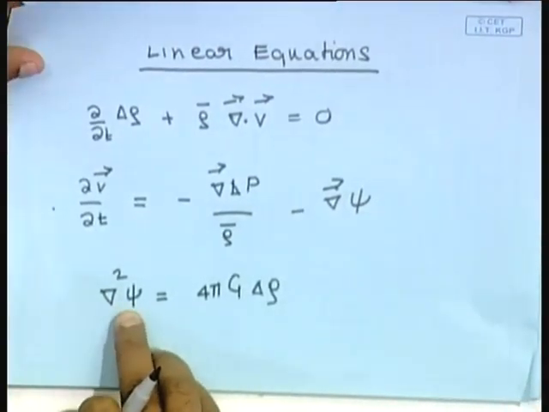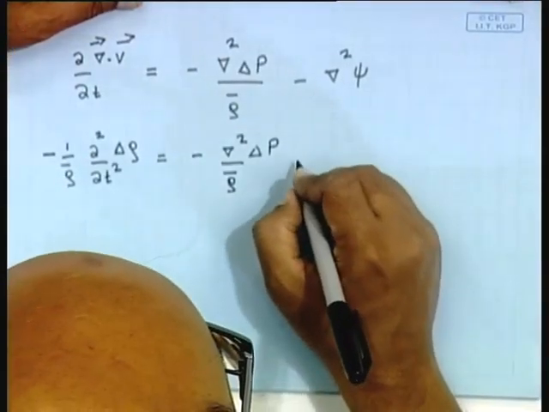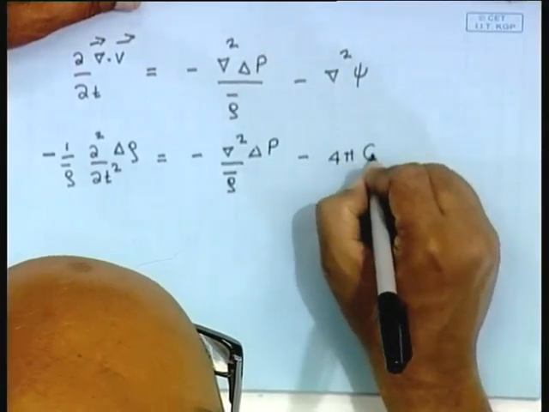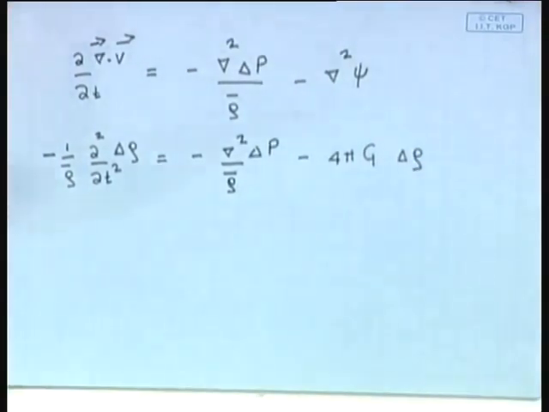So, we have del square of psi, which is 4 pi G delta rho. So, what you have here is minus 4 pi G delta rho. So, that is the equation which you get.